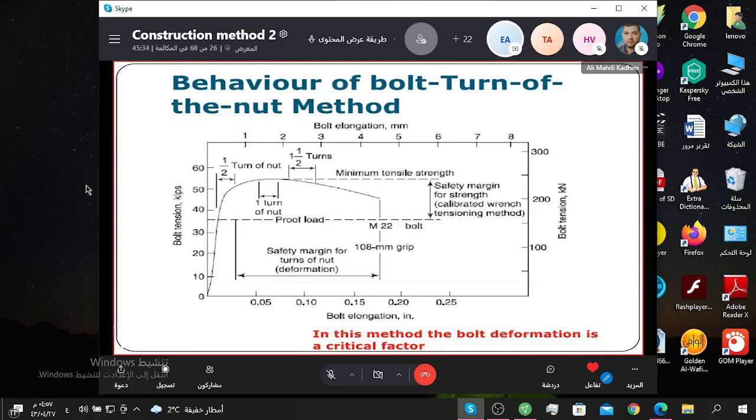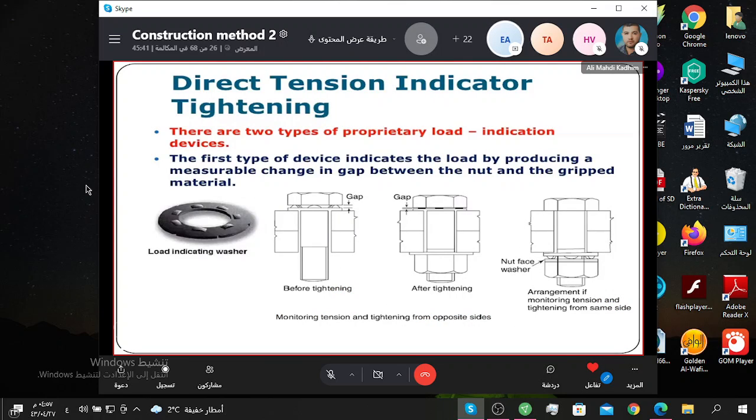Behavior of bolt, turn of the nut method. The figure is shown. Direct tension indicator tightening. There are two types of proprietary load indication device.